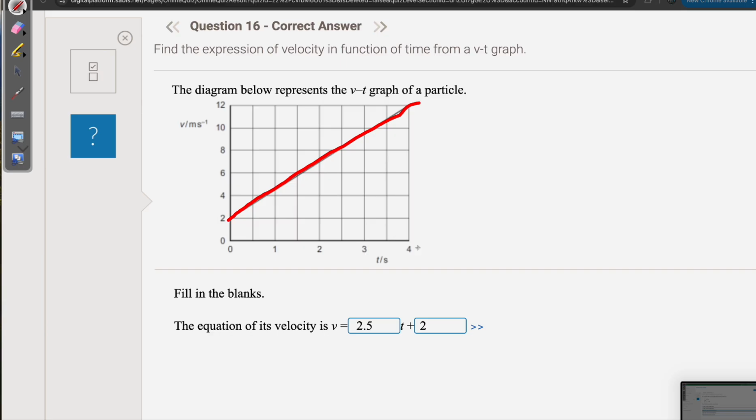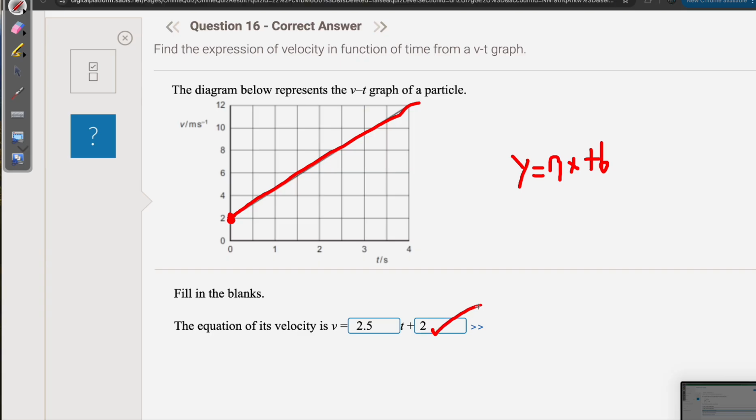So, first of all, let's get the b part out of the way. When we do y equals mx plus b, the y-intercept is the part which intersects the y-axis, which is 2. Okay.